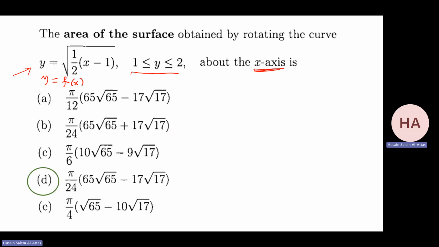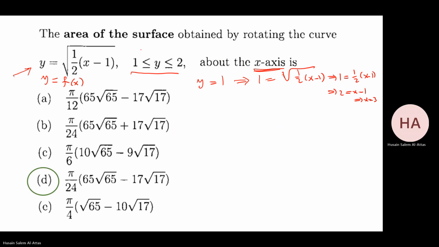I have y between 1 and 2. So if y equals 1, that will be 1 equals square root of half x minus 1. So 1 equals half x minus 1, so 2 equals x minus 1, so x equals 3.